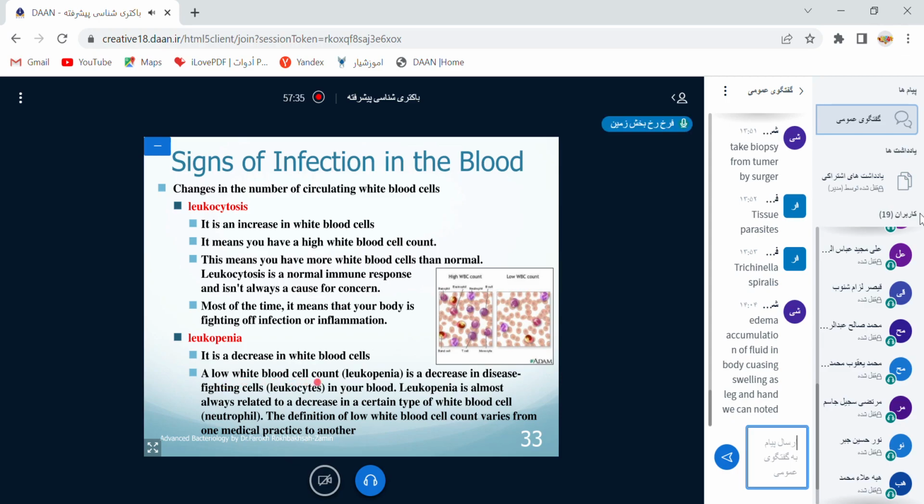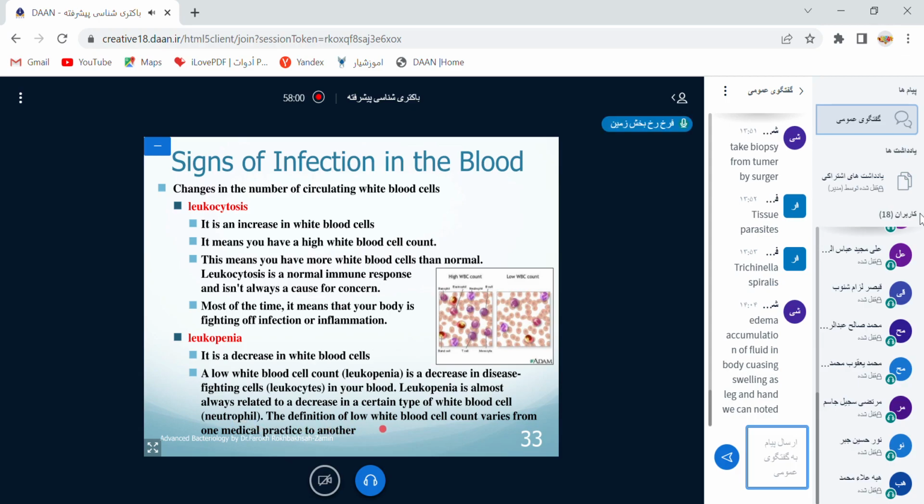Low white blood cell count or leukopenia is a decrease in disease-fighting cells or leukocytes in your blood. Leukopenia is almost always related to a decrease in a certain type of white blood cell, mostly multinucleated white blood cells or neutrophils.